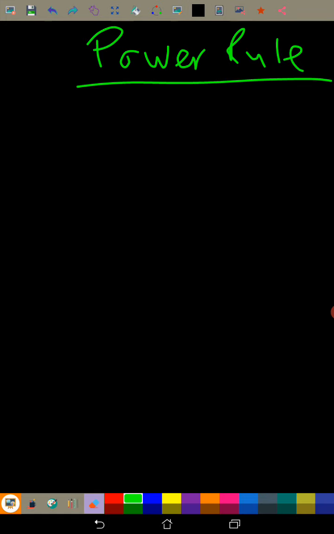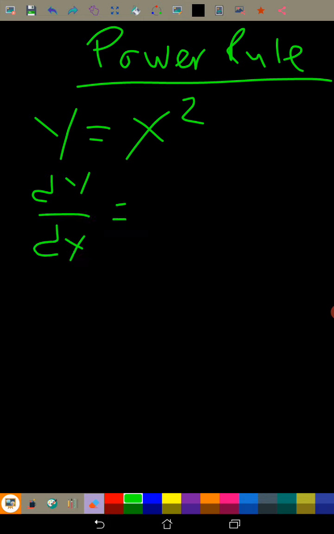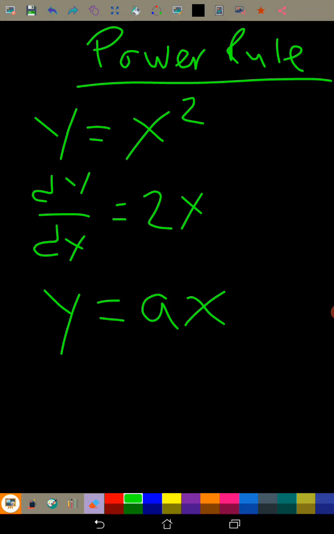Power rule, sorry. This is the most important because you find it a lot of the time. You have, for example, y is equal to x to the power of 2. If you differentiate this, you're going to have 2x. What happens is that if you have a generic equation in the form of this, you'll have a times n times x to the power of n minus 1.